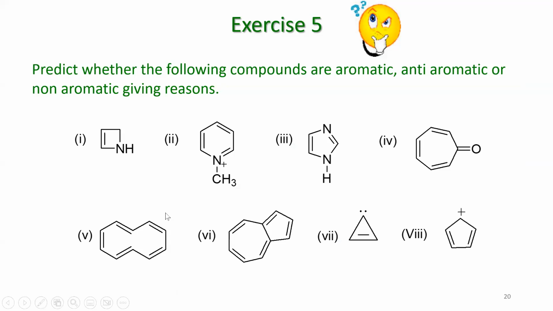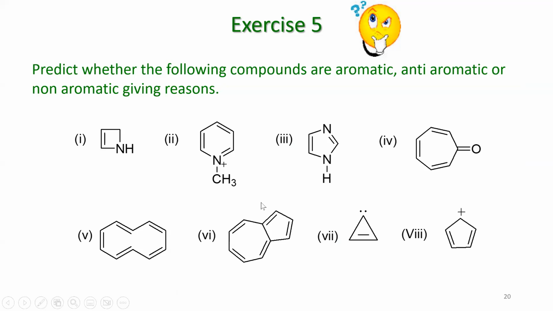Yes, madam. Okay. Let's take some examples. Now I have selected very famous examples. These compounds, you can see in any textbook on aromaticity, or in standard textbooks or in papers also.